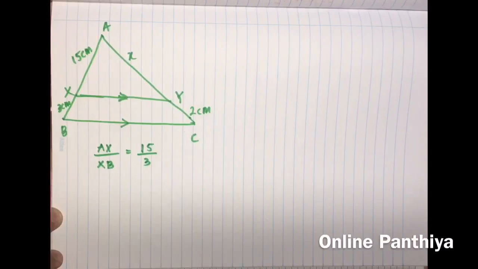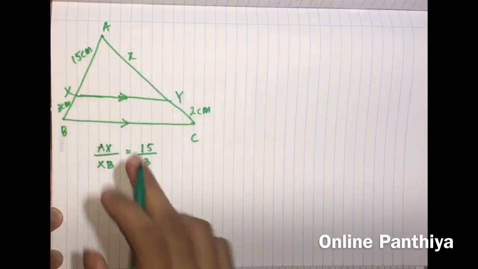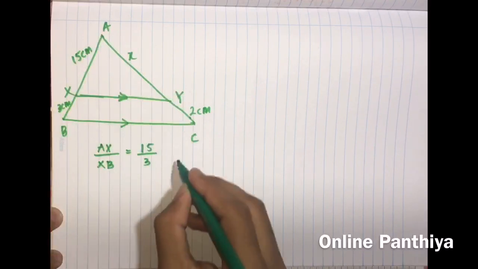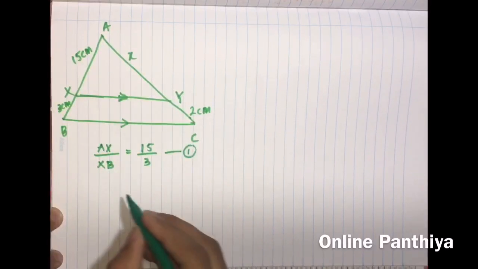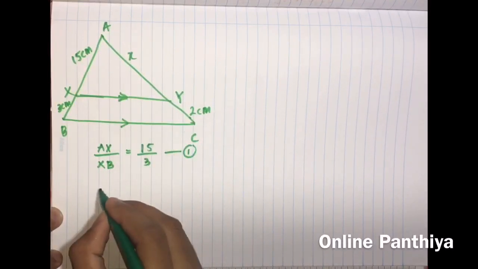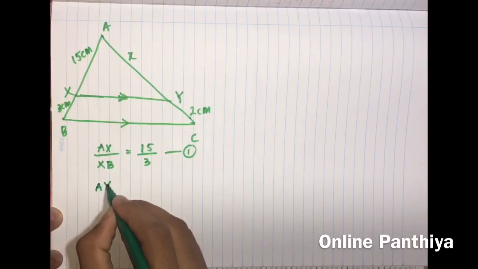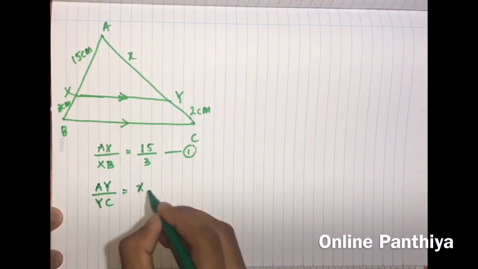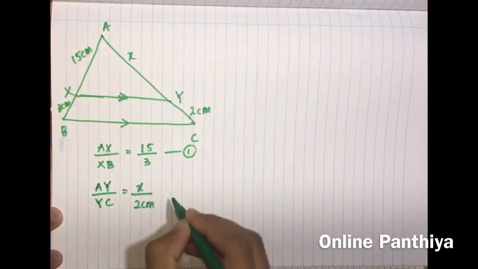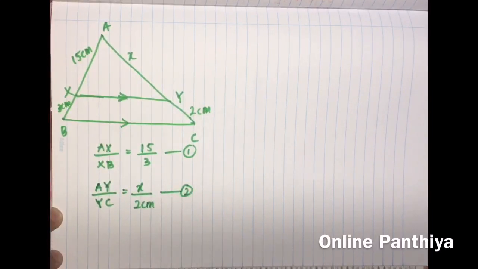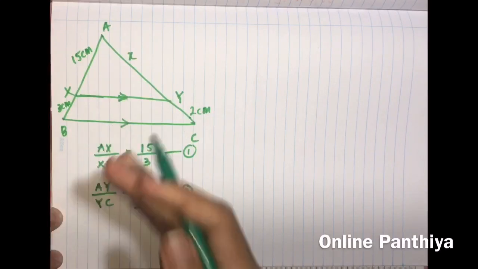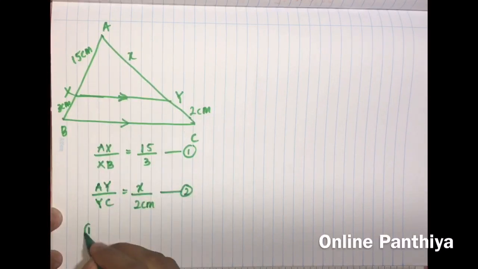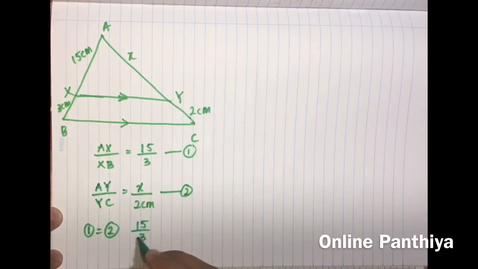Now take the other side, AY over YC, which gives x over 2 centimeters. Using the theorem we studied, 15 over 3 is equal to x over 2.